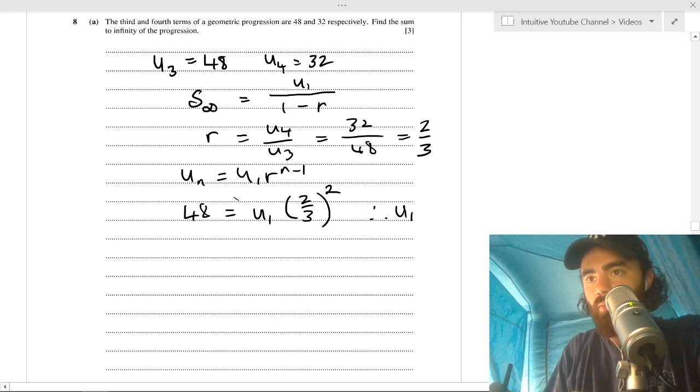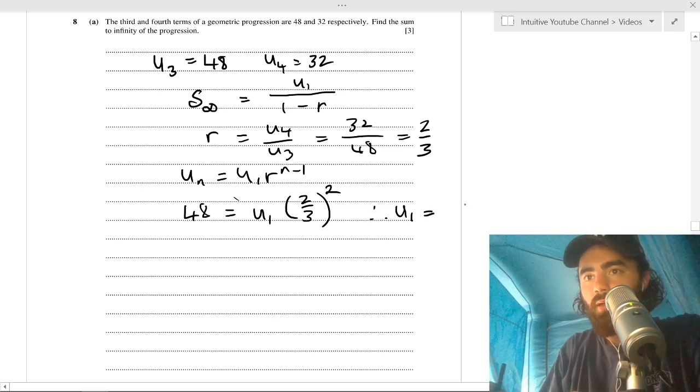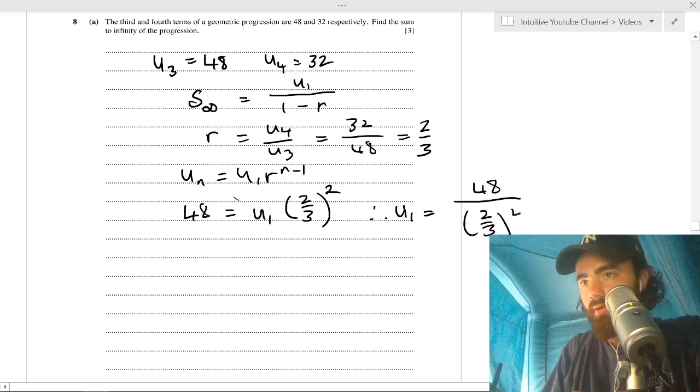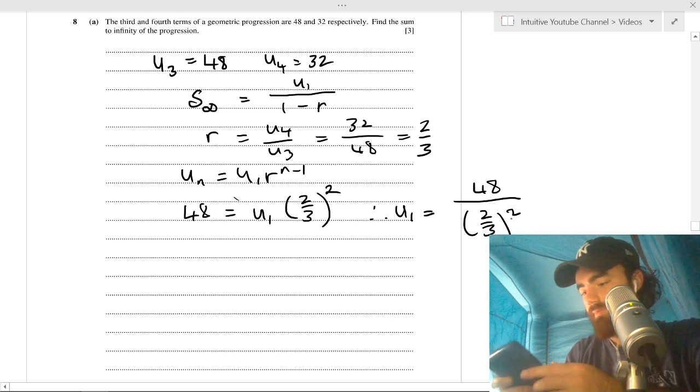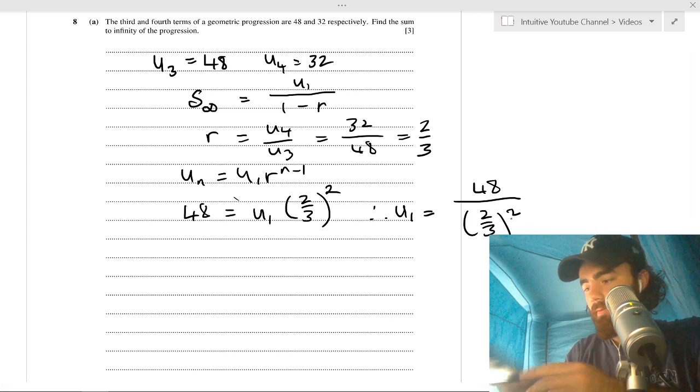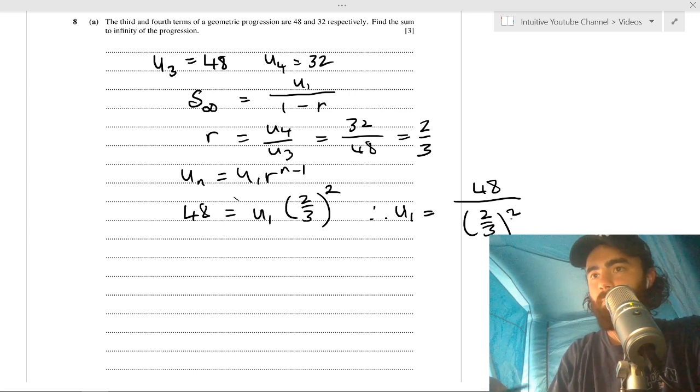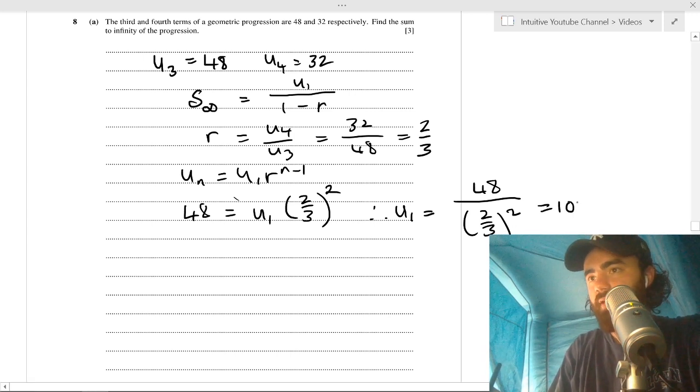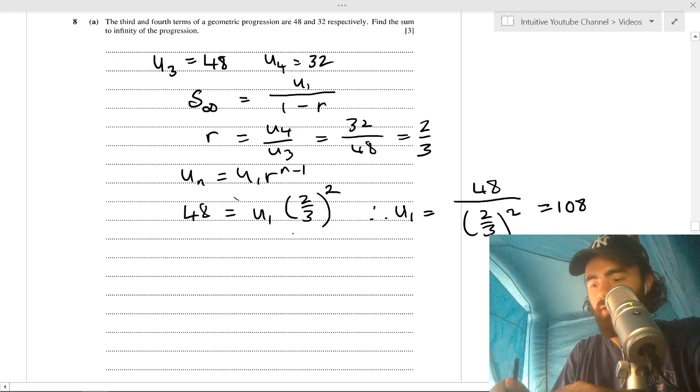So therefore our u1 equals 48 over (2 over 3) squared. So we do that, which gives us 108. So now we have both of those things, we can find our sum to infinity.